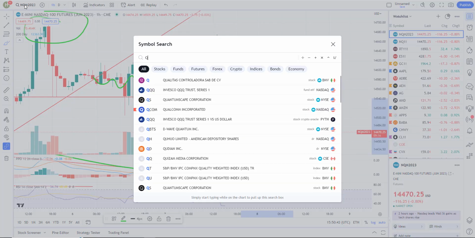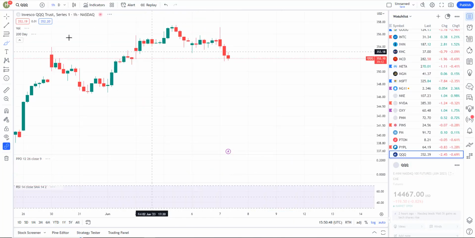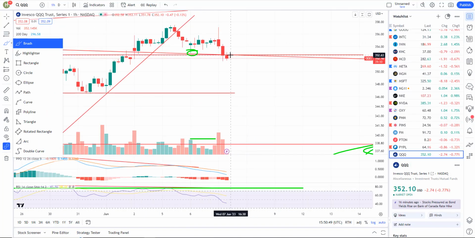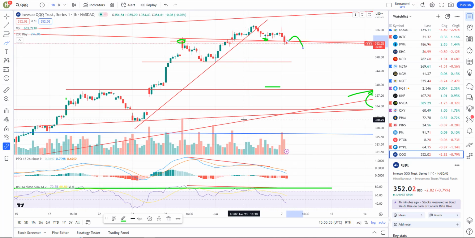If that happens, then going back to the triple Qs, that's probably going to mean the triple Qs will hold this 253-ish, one more little bounce, and then roll over and break down. I would assume a breakdown because, again, the futures did break that level of support. So that's one potential scenario.